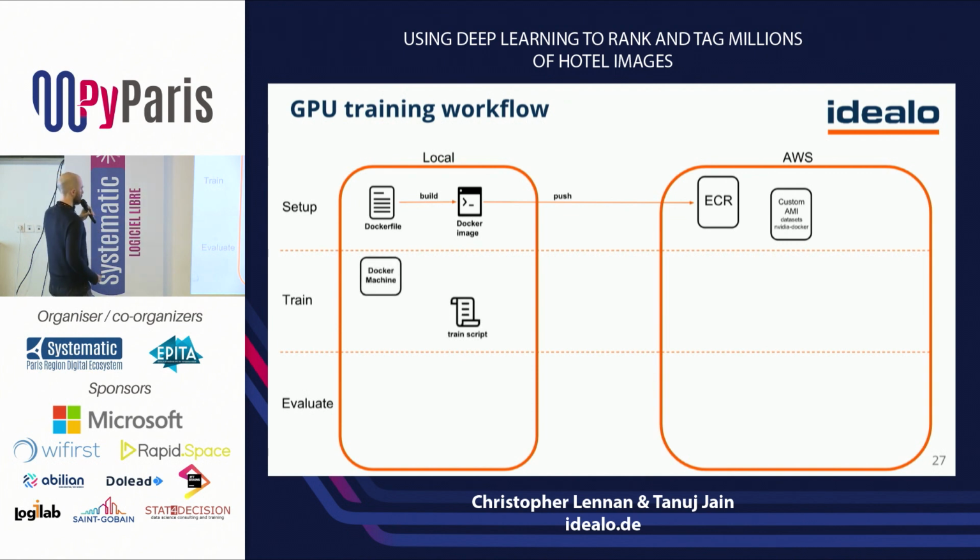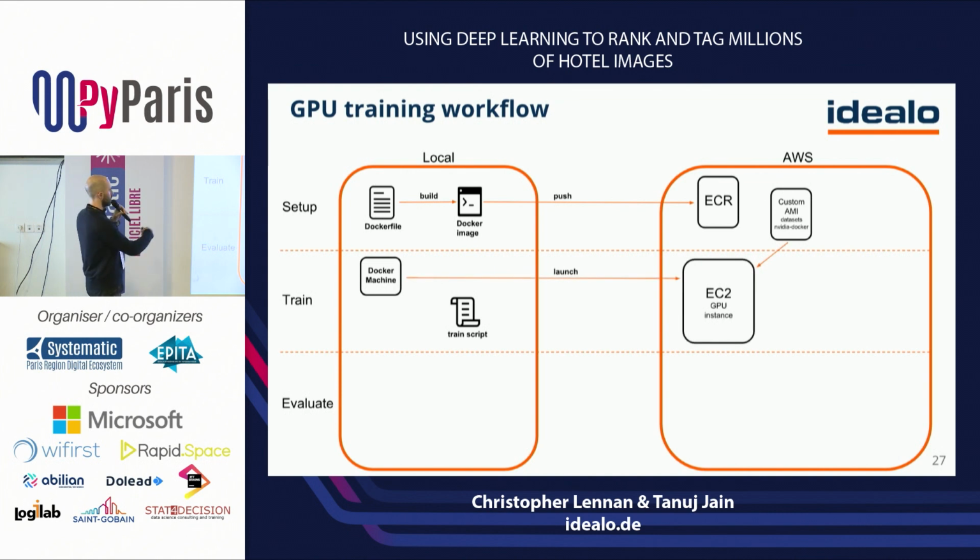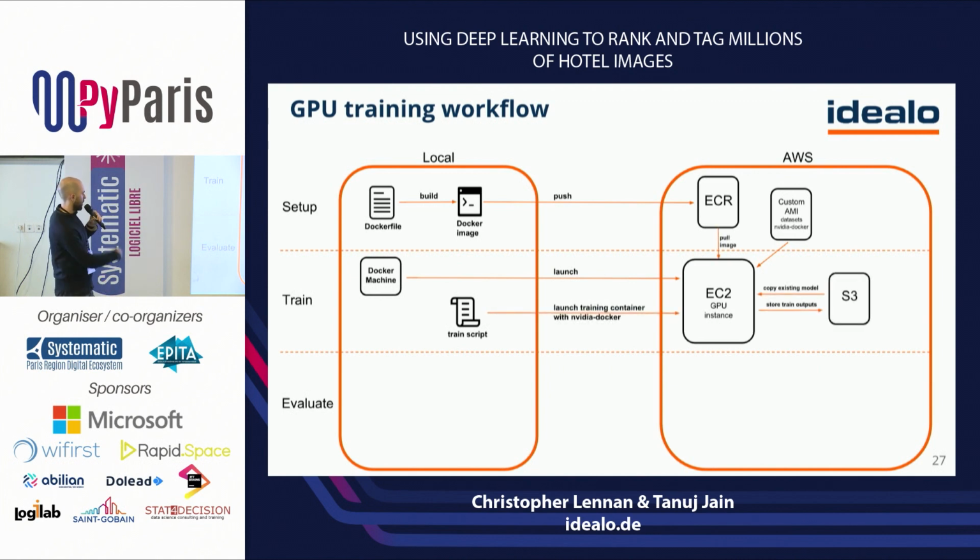For training, we then use Docker Machine on our local terminal. And we have a train script. Basically the idea is with Docker Machine, we launch an EC2 GPU instance, which takes our custom AMI. And then with our train script, we just launch a training container with NVIDIA Docker. It also syncs with S3 to copy existing models and store the train outputs.